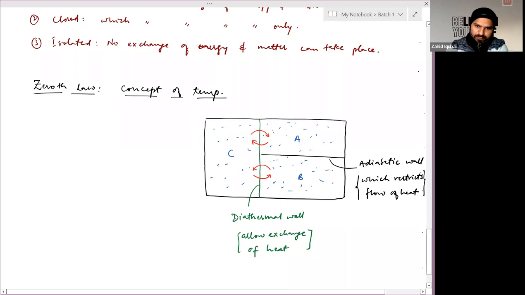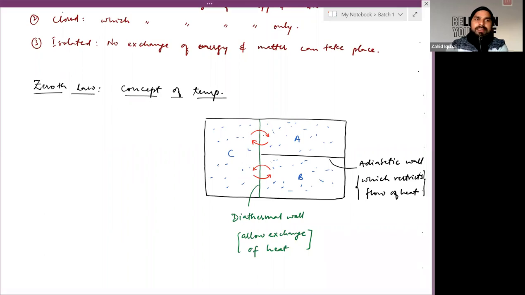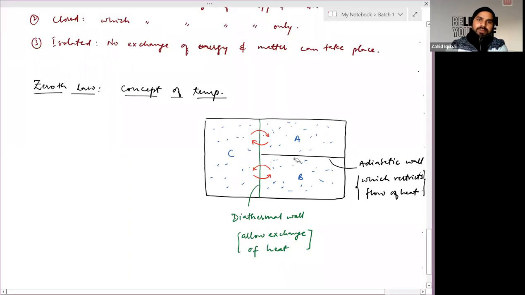So if you remove the wall at the A and B junction, there will be no further flow of heat between A and B, since A and B are in thermal equilibrium. So from this entire segment, we may conclude temperature is the physical quantity responsible for flow of heat between any two thermodynamical systems till they acquire equilibrium. Is it clear?